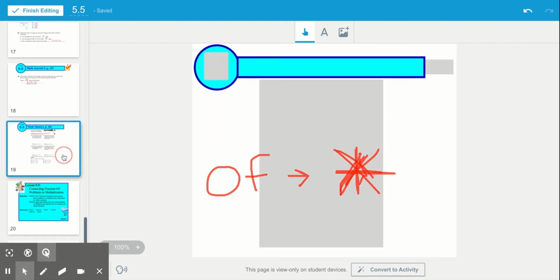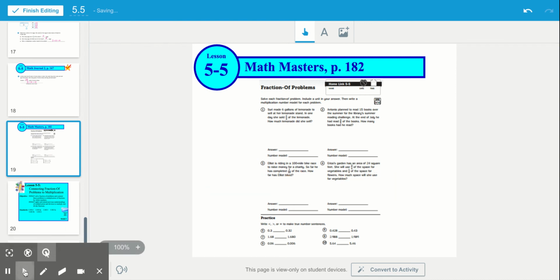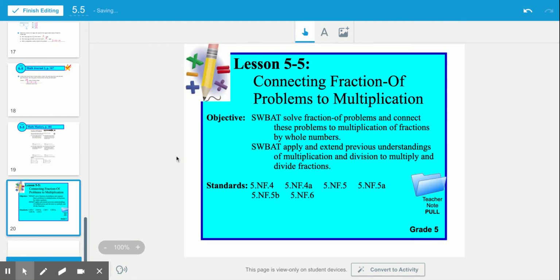Before we wrap up, this is not required necessarily, unless your teacher asks you to, but Home Link 5.5 is great practice here for fraction of problems. You can see that in your Home Links book. Once again, we were connecting fraction of problems to multiplication, remembering that the word of means to multiply, and applying and extending our previous understandings.